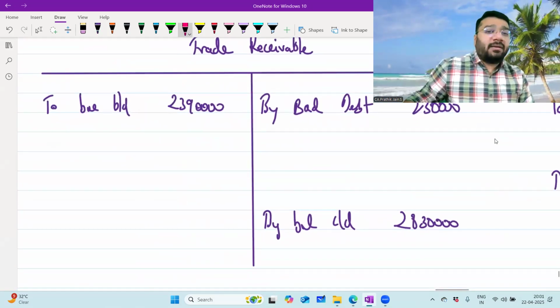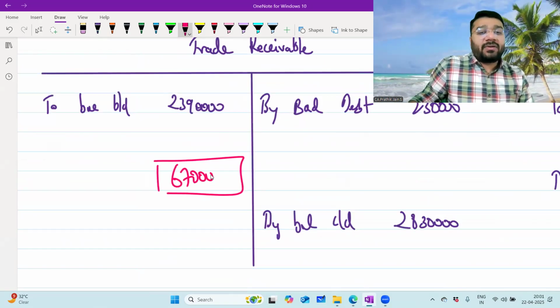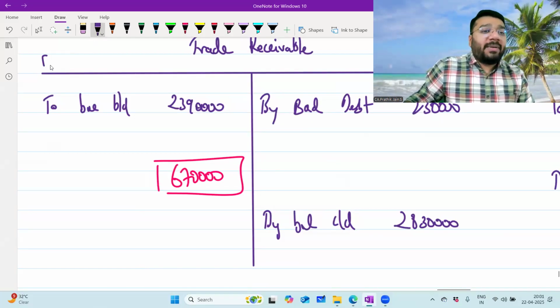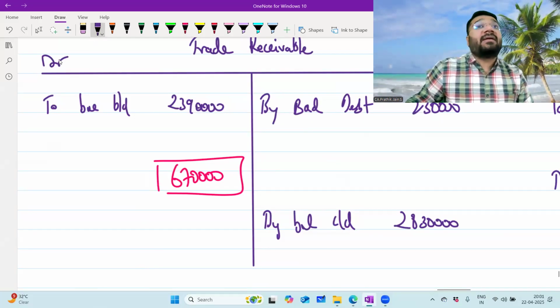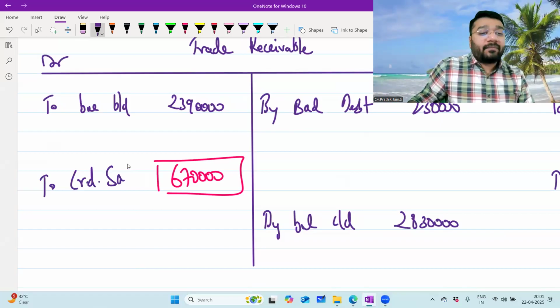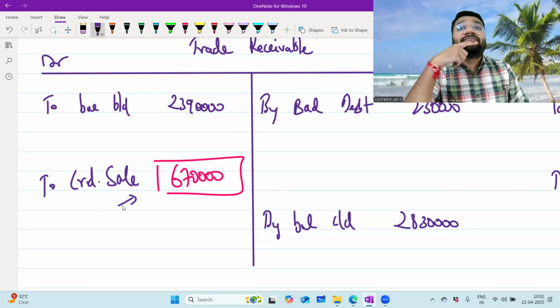Now please balance the trade receivable ledger and tell me what this is. 6,70,000. What does it mean? Current year sales. If the amount is coming on the debit side, it means an increase in trade receivables, which happens with more credit sales.